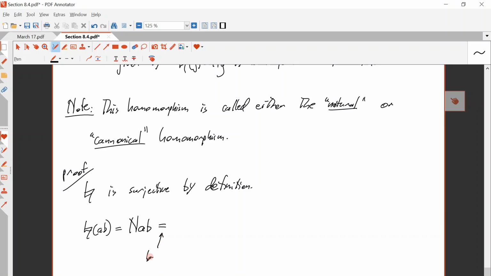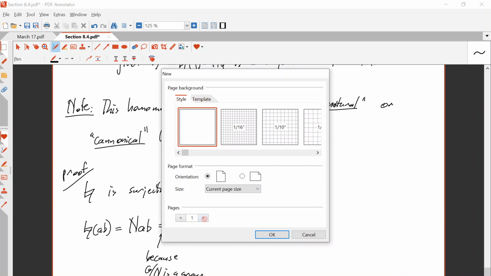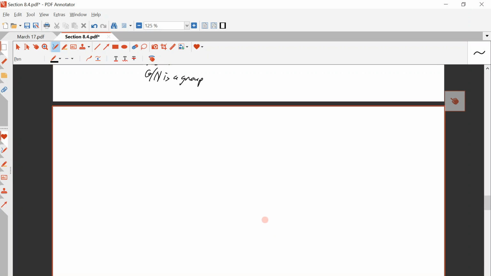And because G mod N is a group, right, the operation of that group is the right coset for ab is the right coset for a times the right coset for b, which is natural of a, natural of b. All right, so you've got that homomorphism property. And lastly, that the kernel is N. Well, that's just part of the basic properties of cosets.